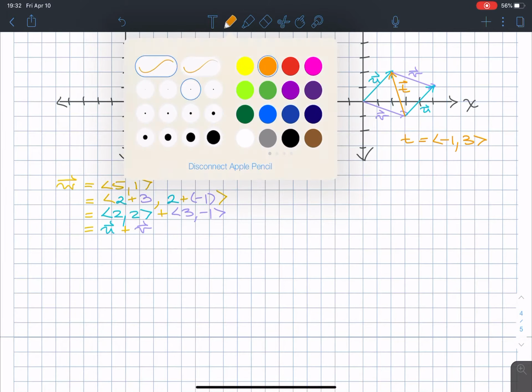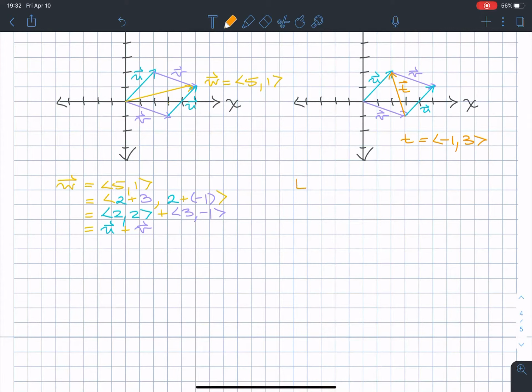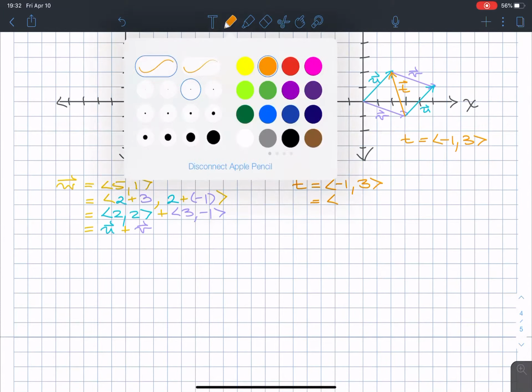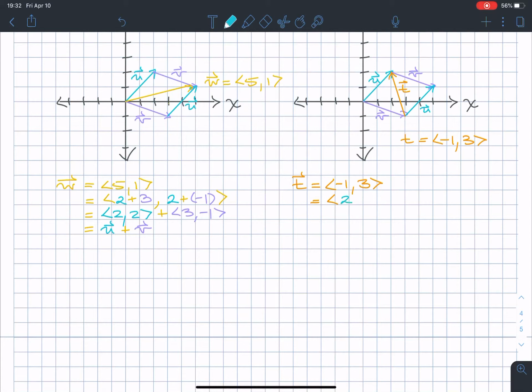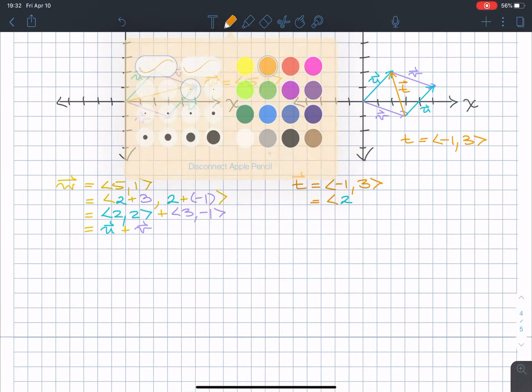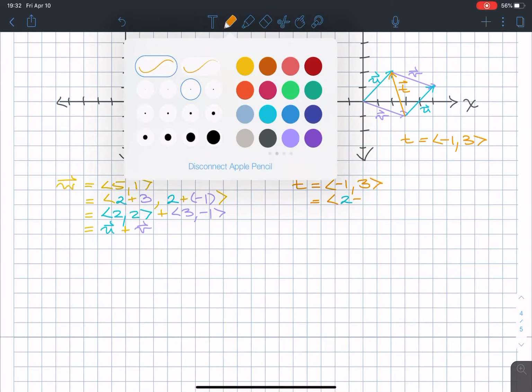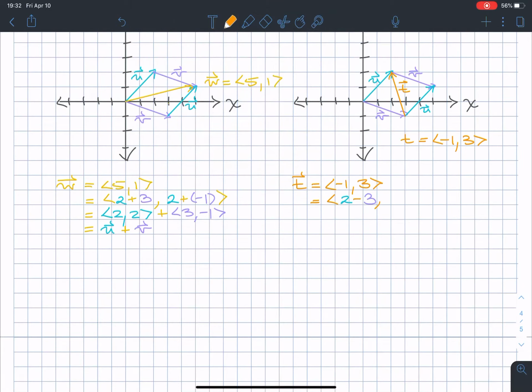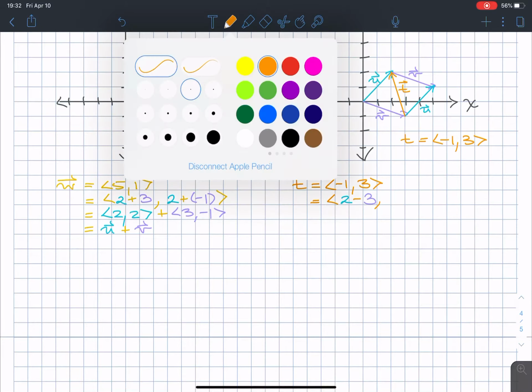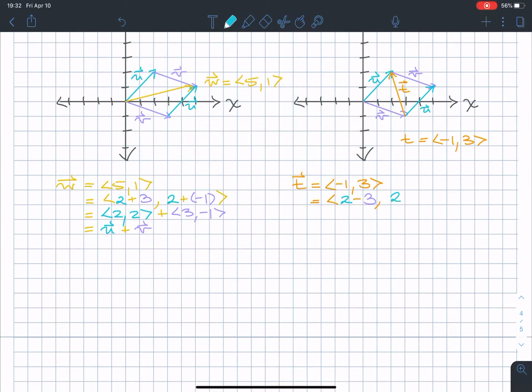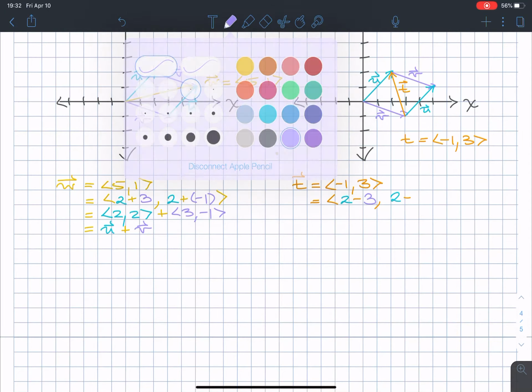Okay. Now vector T, which went to the left 1 and up 3, well, I claim that negative 1, of course, can be written as 2 minus 3. And I claim that 3 can be written as 2 minus a negative 1.